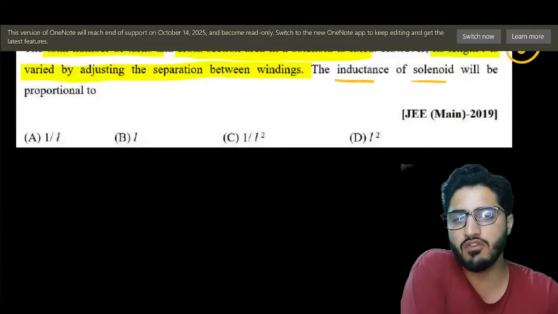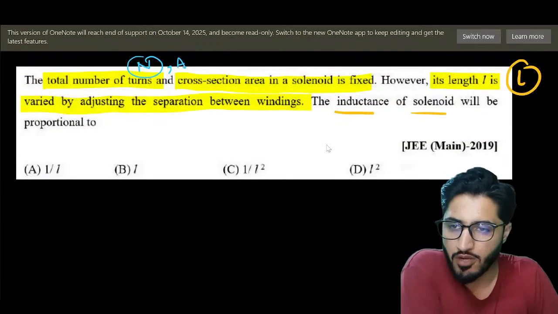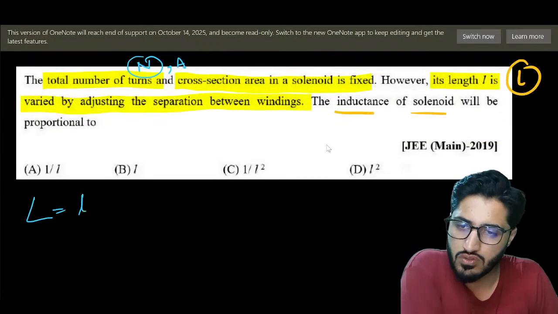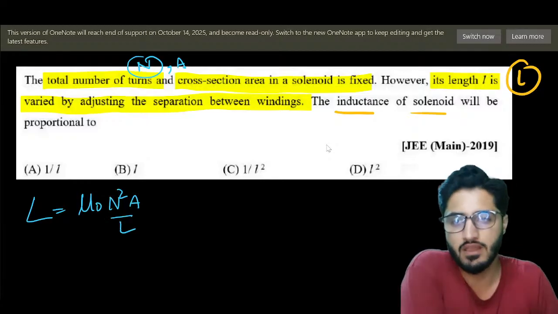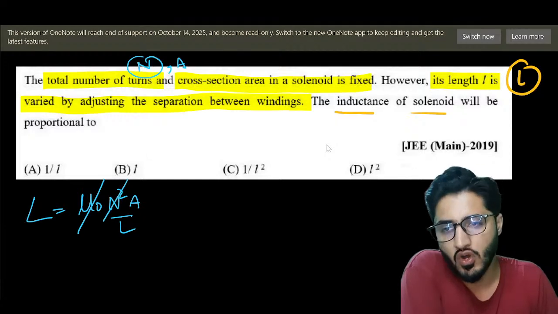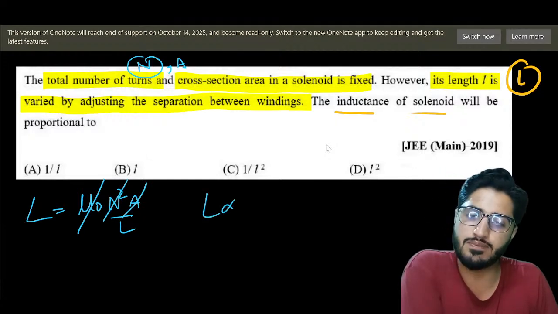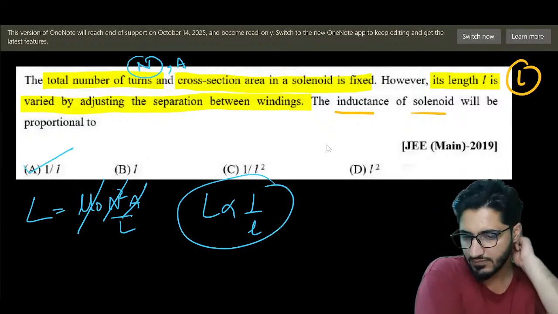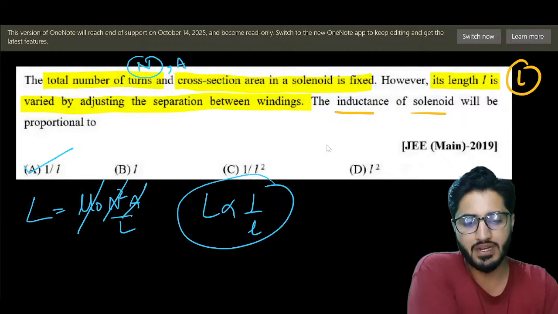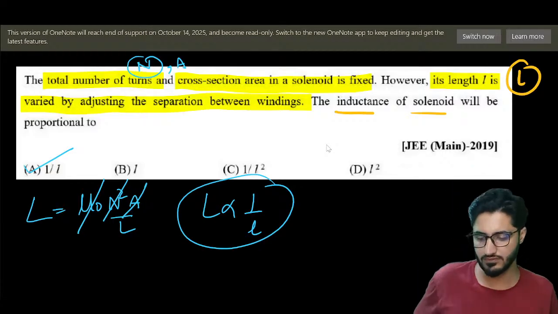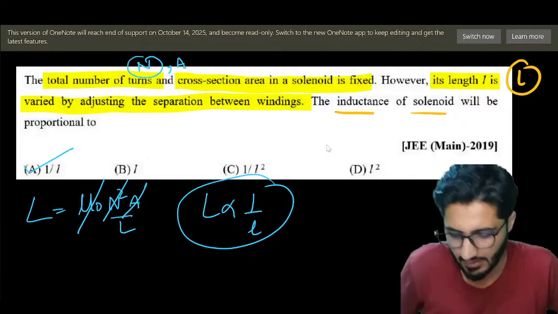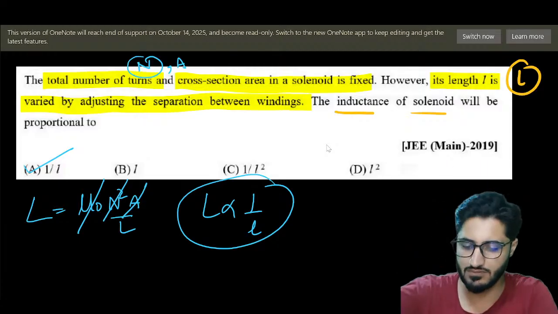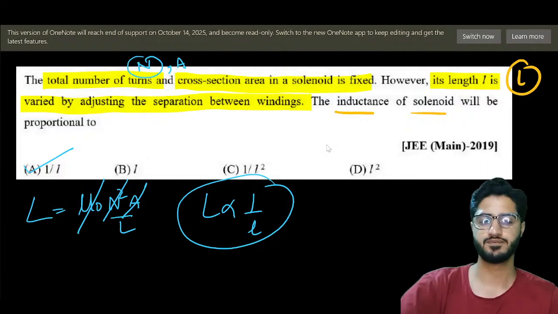So my formula is L equals mu naught N square A by L. This is constant, constant, constant. So the inductance is proportional to 1 by L, the length. So I guess option number A is correct.